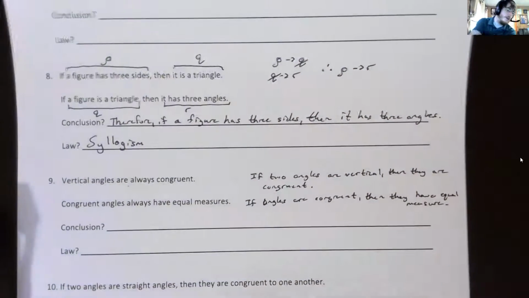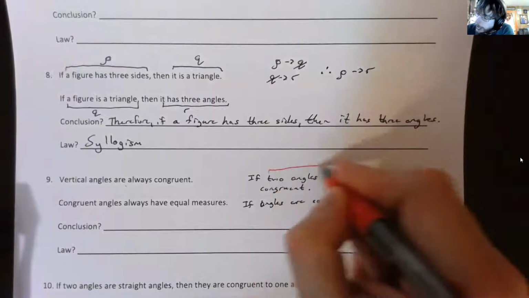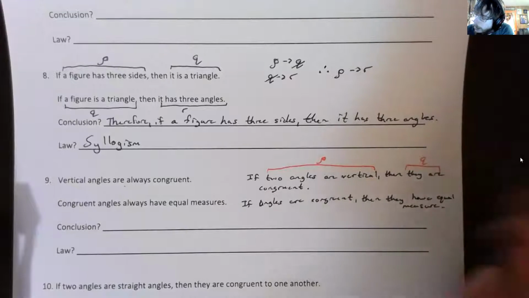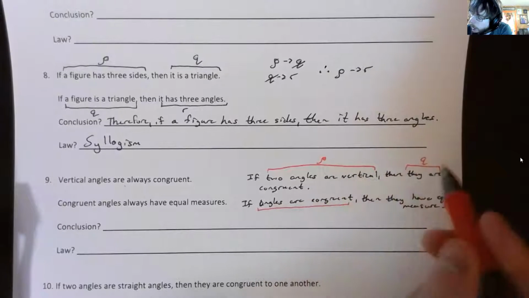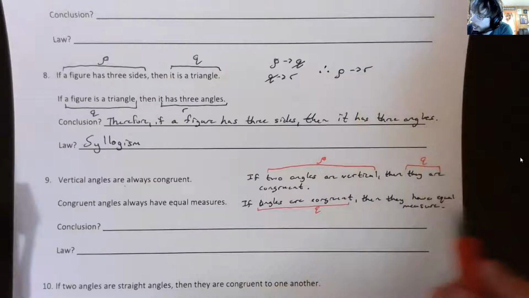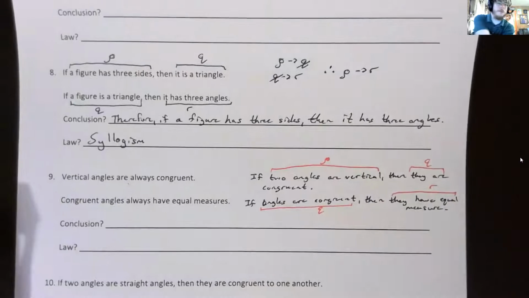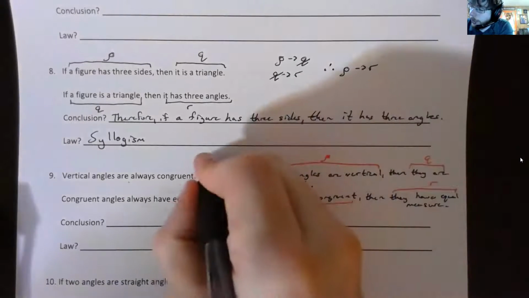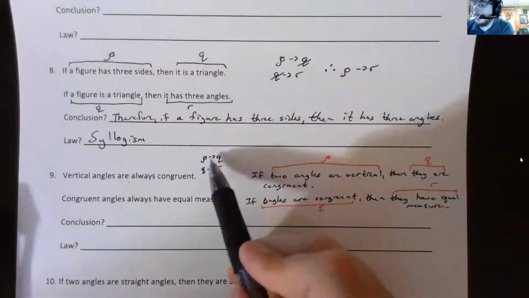Okay. So symbolically, 2 angles are vertical would be P. Q would be they are congruent. Angles are congruent, again, that would be Q. And then they have equal measure would be R. So we have P implies Q. Q implies R. The diagonals match.